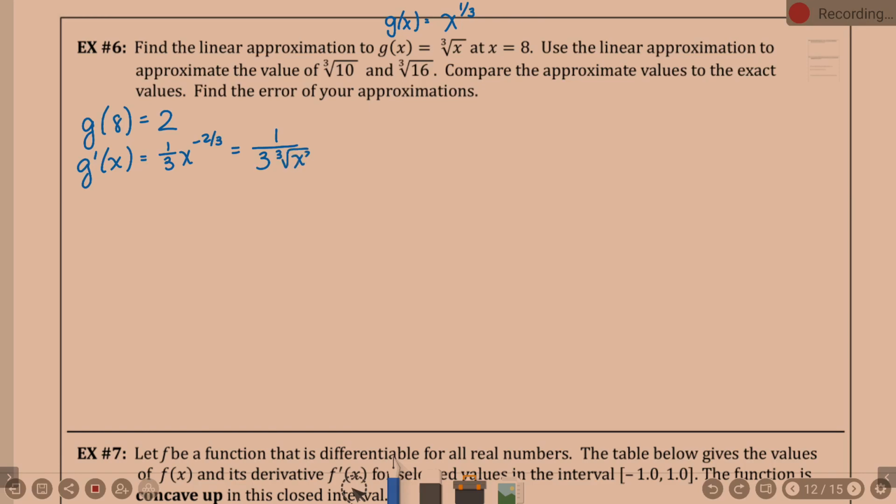Here's the deal. Yes, it doesn't technically say calculator on this one, but we're going to have to talk calculator a little bit probably. If you don't have a calculator, you need to know that it's the cube root of x squared. So I need to know g'(8).